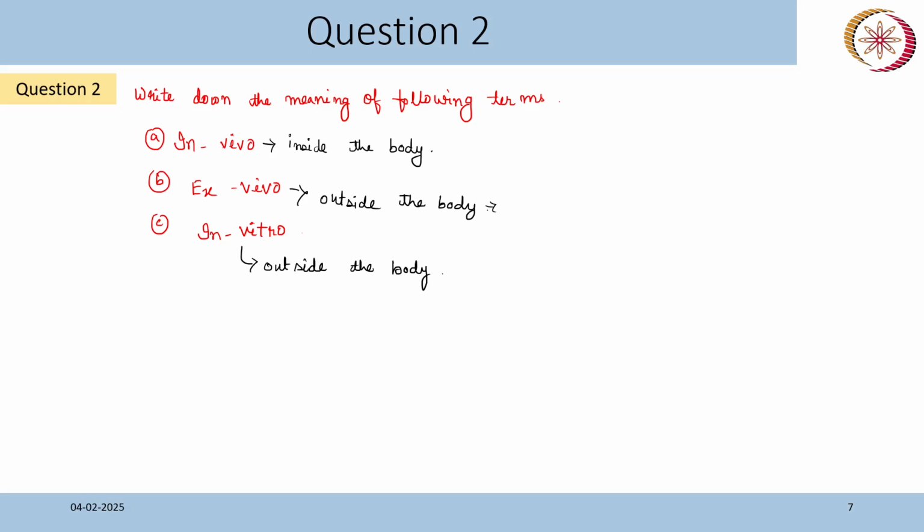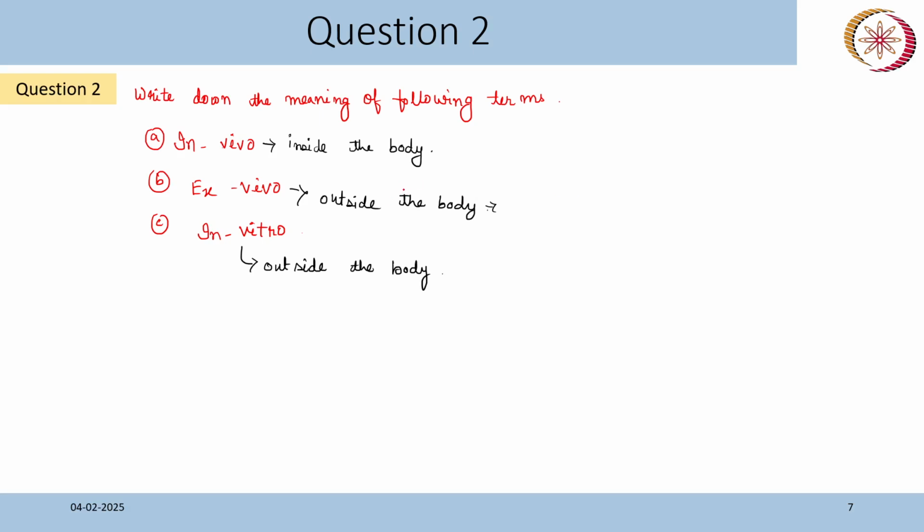These are more accurate. If you don't have the option to do the testing in an in vivo environment, you do it outside, but you make the external environment the same. You are not changing the properties of the cells, you are not changing the environment of the cells, you are trying to keep it as same as possible as it is inside the body. Okay, that is what ex vivo means.